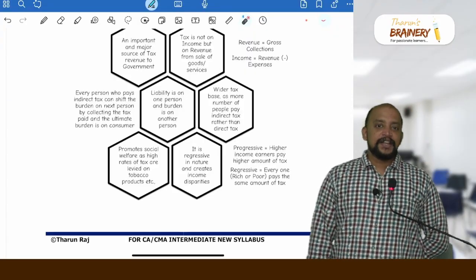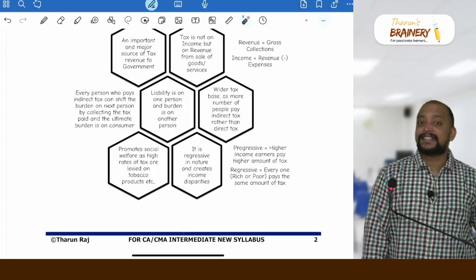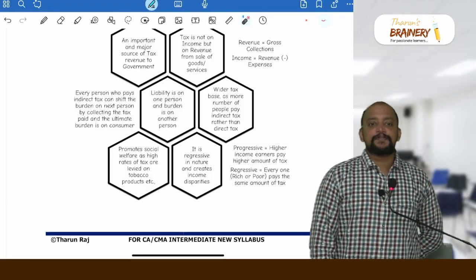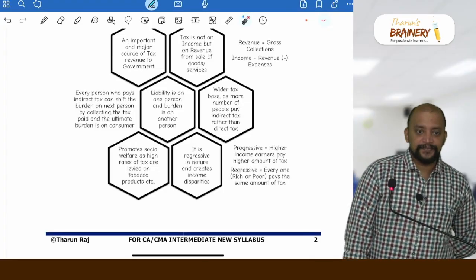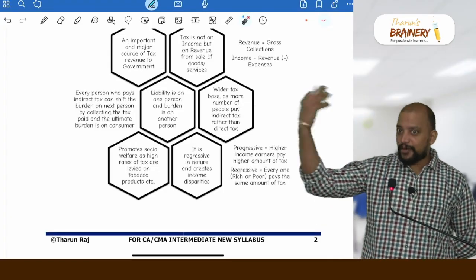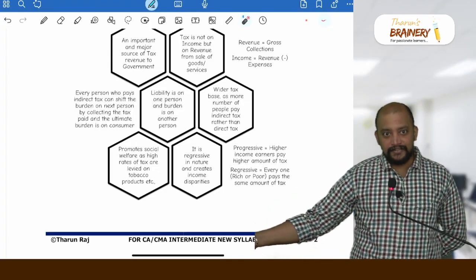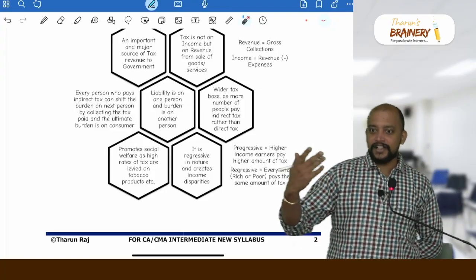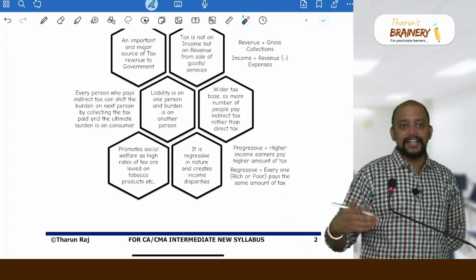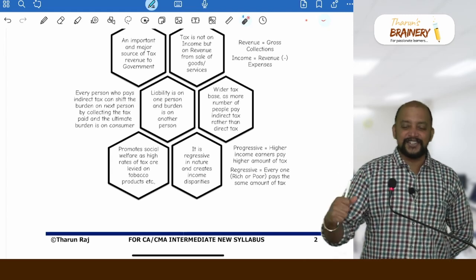Indirect tax, because the percentage of population who is paying income tax is in single digit, hardly 5%. So this big population, what, we touch 150 crores, na? 150 crores or more, we are crossing. Actually we surpassed China and all, and we are number 1 actually.